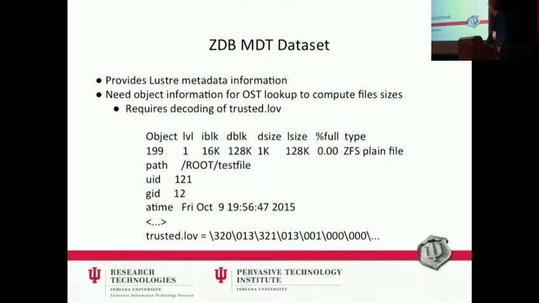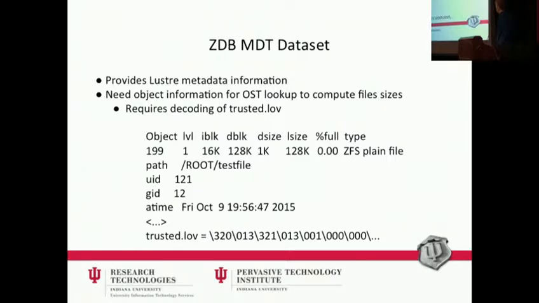So to go into a little bit more detail on what you see, down at the bottom is an example of an object from an MDT dump. In this case, this is ZFS object ID 199. It's a plain file. So there's your Lustre path, UID, GID, A time, et cetera, and just for space, I've cut out the rest.